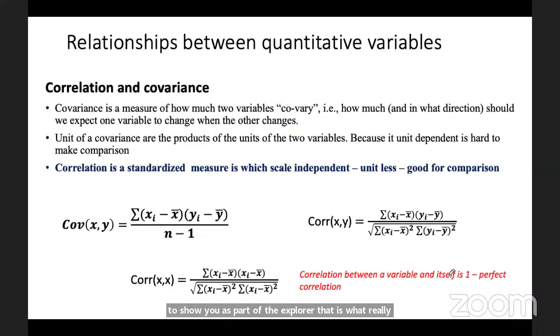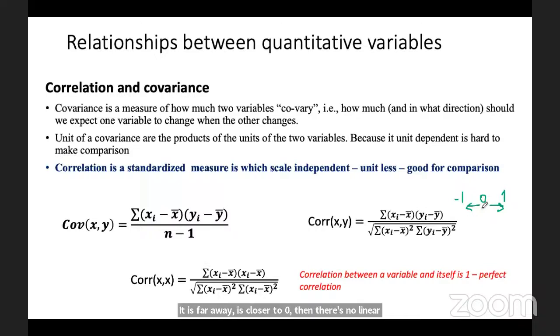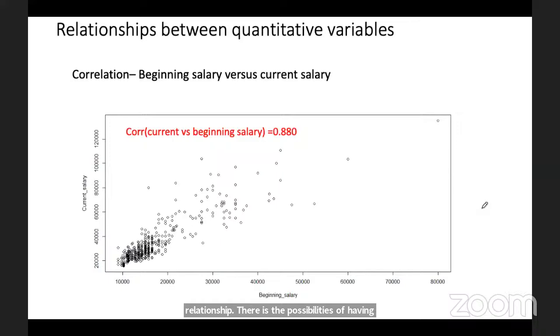Here, the correlation falls between -1 and +1. This is a perfect relationship. 0 is when there's no linear relationship between them. So if a value is close to +1 or close to -1, then there is a strong linear relationship. If it is closer to 0, then there's no linear relationship. There is a possibility of having another relationship, but the linear one is not there.